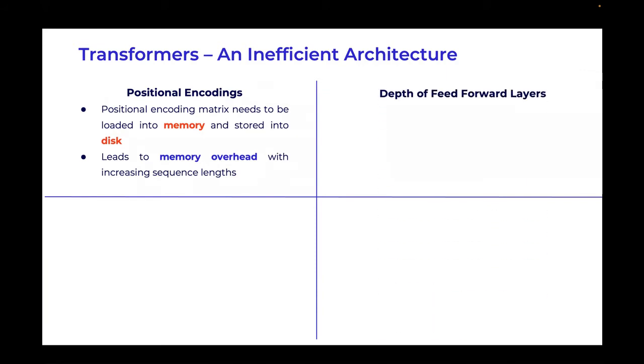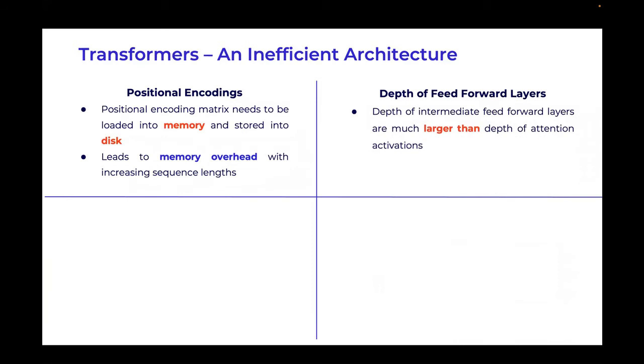The second one is the depth of feed forward layers. As I mentioned in the architecture, after the self attention layers, there is an addition and normalization layer, that is the skip connections or residual layers that I mentioned before. After that, you can see the feed forward layers. There are 2 feed forward layers after the attention.